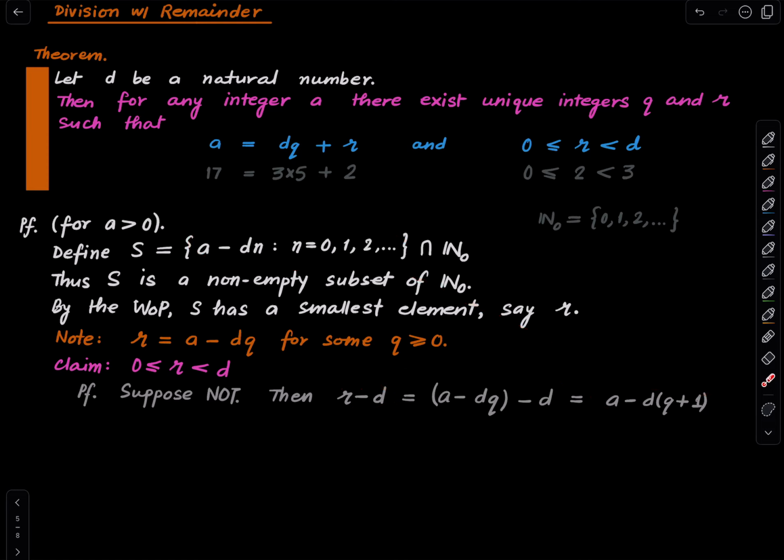But by the assumption that r is not in the range written, r is at least d, and hence r minus d is at least 0. Since r minus d is at least 0, r minus d is also here. So r minus d is both here and there, and hence in the intersection. Therefore, r minus d is an element of S.